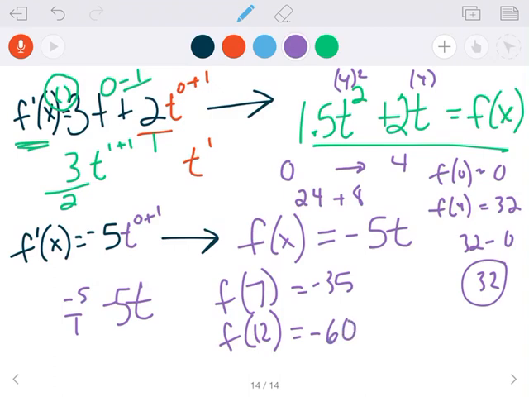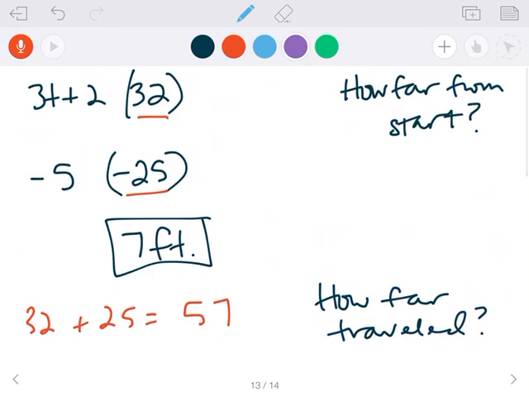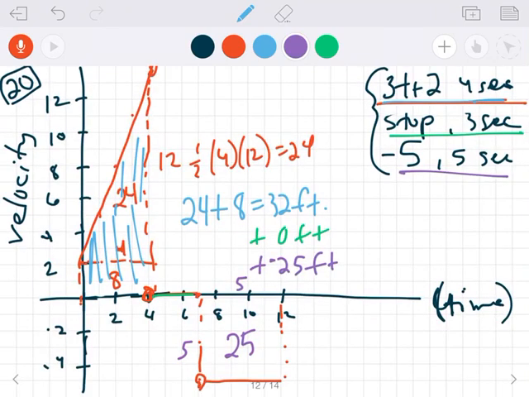And then we find the difference between them. Negative 60 minus negative 35 gives us negative 60 plus 35, which ends up being negative 25, which is the same answer that we got when we calculated the area by finding the shapes, instead of using the derivative and antiderivative.